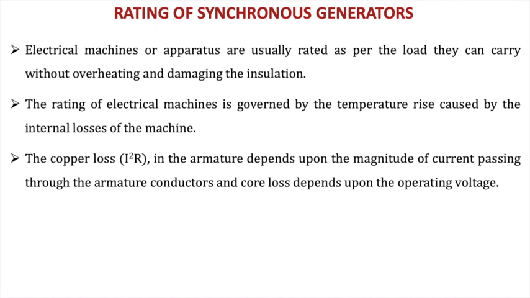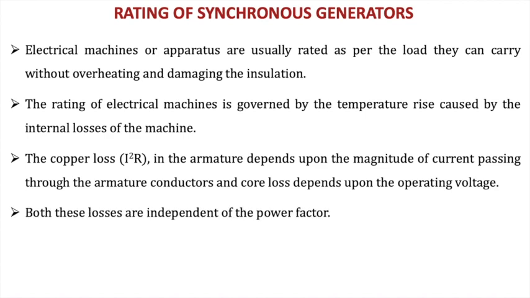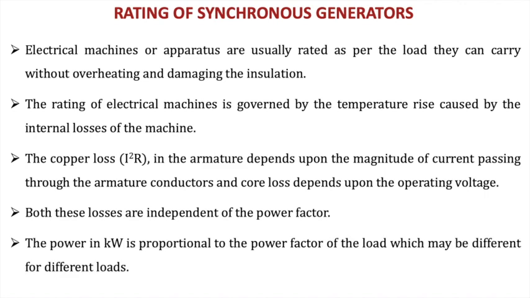The armature resistance is very small because we use thick conductors, but the current flowing is of very high magnitude. So I square R losses are there in the armature of the synchronous generators. But both of these losses are independent of the power factor.